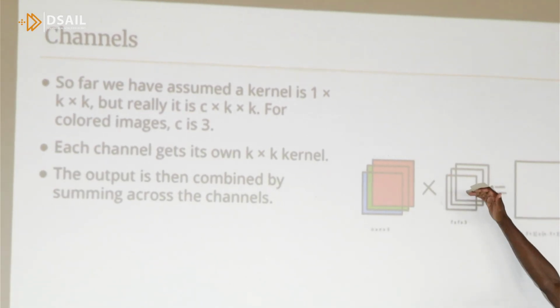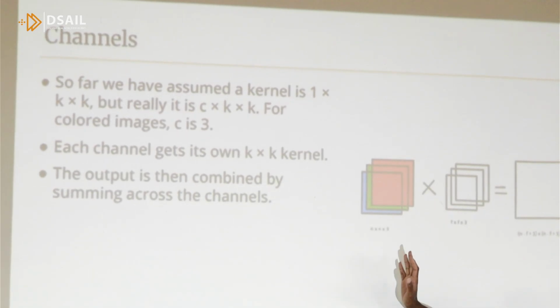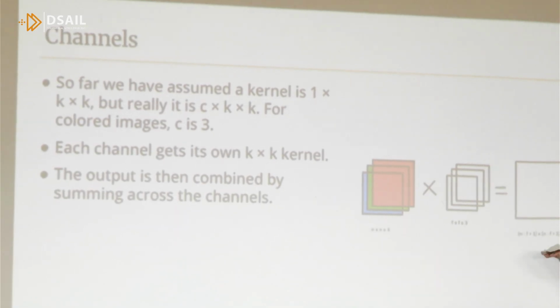X such kernels passing over the same image produce X outputs, and therefore we will have X channels. So at the next level of convolution, we will have X channels. The channels across convolution are defined by the number of kernels that you have. Are we together? That's an intuition I wanted us to get.